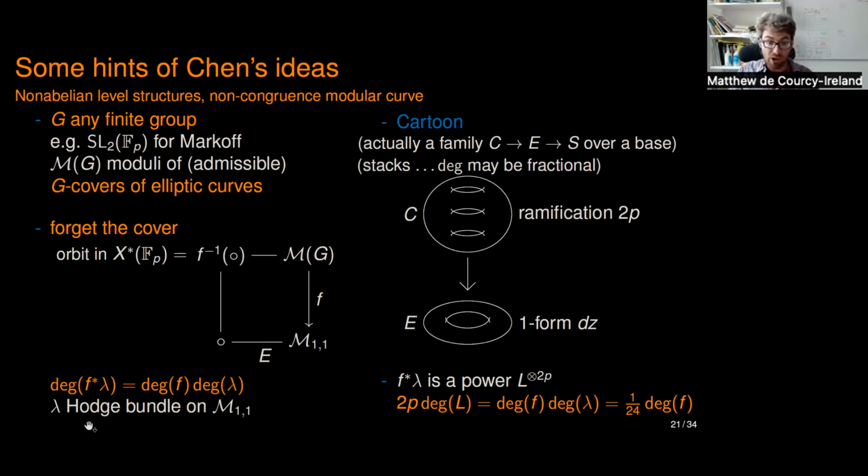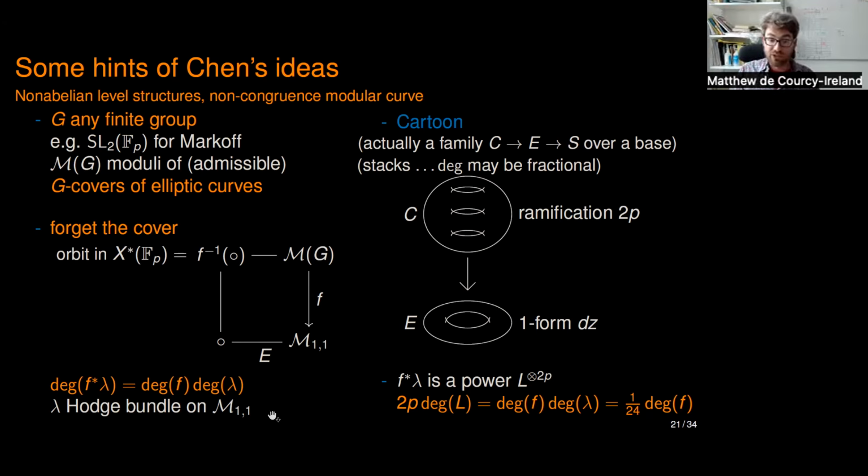So Chen starts from the Hodge bundle on M_{1,1}. So much more generally, for curves in general, like M_{g,n}, any genus g, any number of punctures, the points in that moduli space are supposed to be curves, and the fiber over that point will be the vector space of all differentials on the corresponding curve.